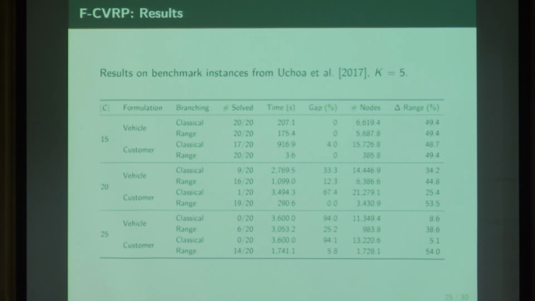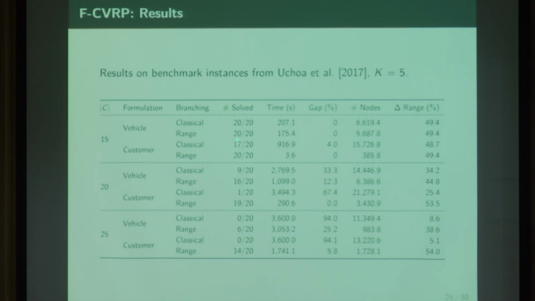So interestingly enough, for 15, there is an improvement for the classical formulation. With the vehicle formulation, I can still solve all the problems in a slightly smaller amount of time and with a slightly smaller number of nodes. In the last customer, I go from 17 problems solved in 900 seconds to 20 problems solved, all of them in a much shorter computing time.